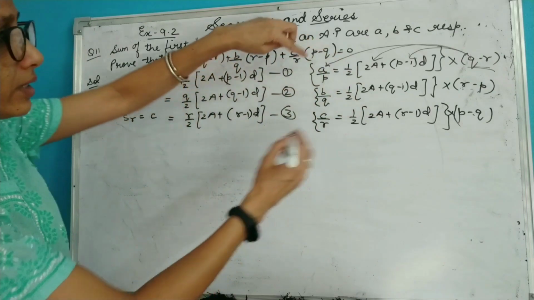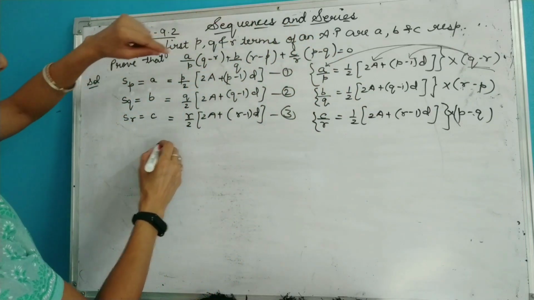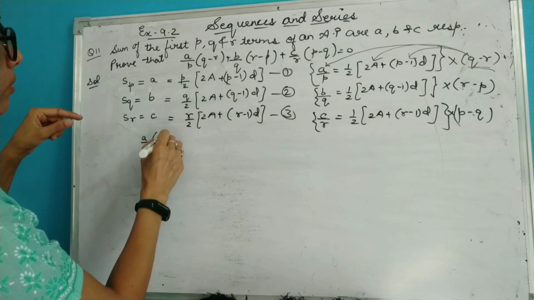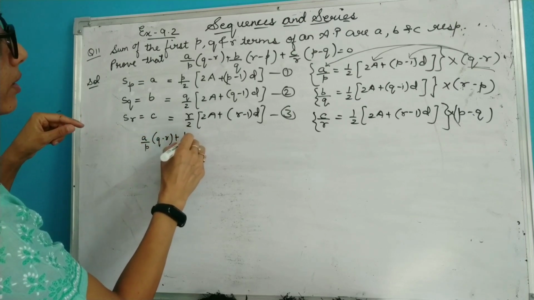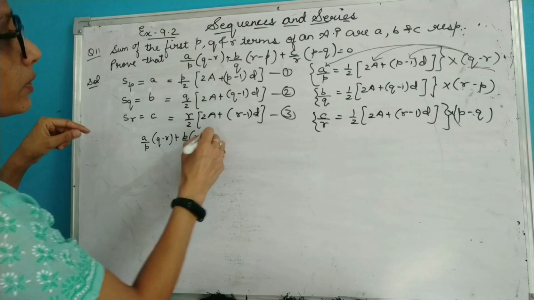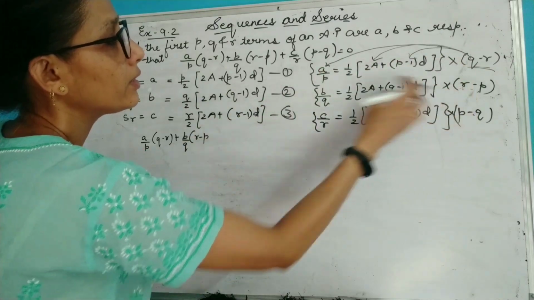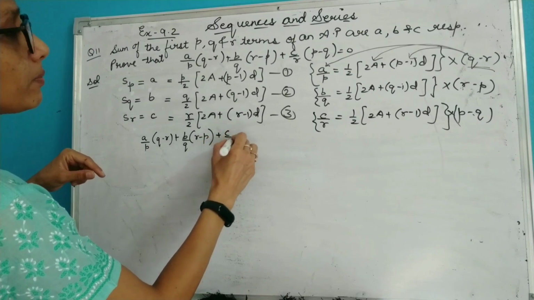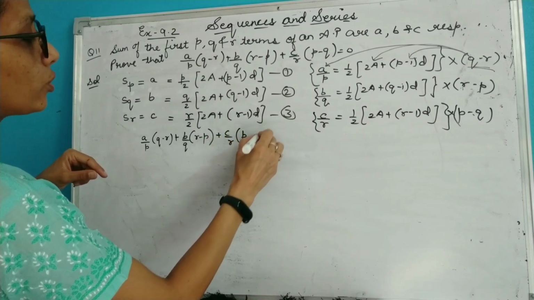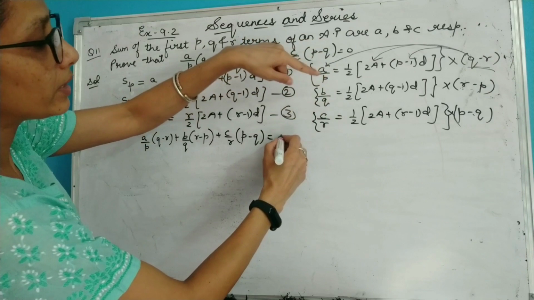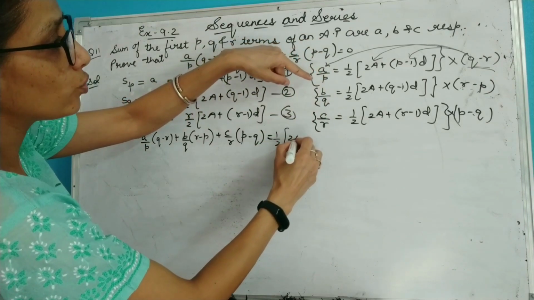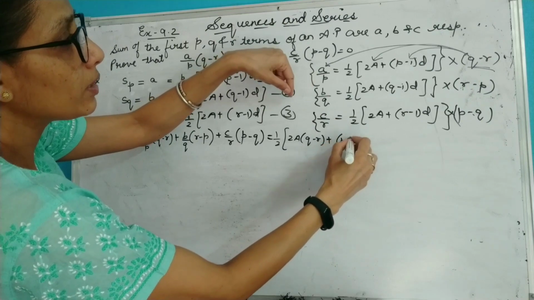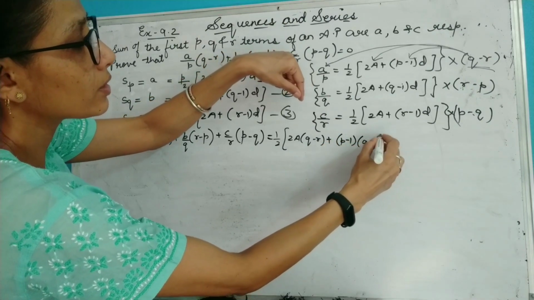So I can write my left hand side as a by p into q minus r plus b by q into r minus p. I am just multiplying these terms and then adding r minus p plus c by r into p minus q. And this side I will be getting as half 2a into q minus r plus p minus 1 into q minus r into d.